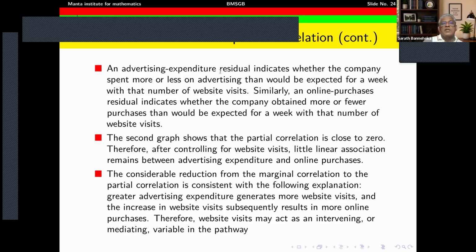An advertising expenditure residual indicates whether the company spent more or less on advertising than would be expected for a week with that number of website hits. Similarly, an online purchases residual indicates whether the company obtained more or fewer purchases than would be expected for a week with that number of website visits.